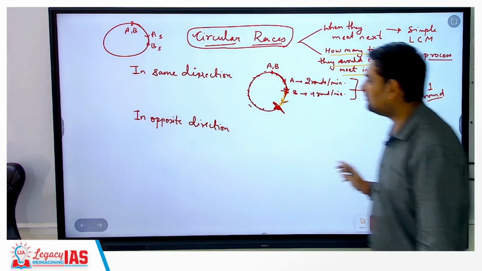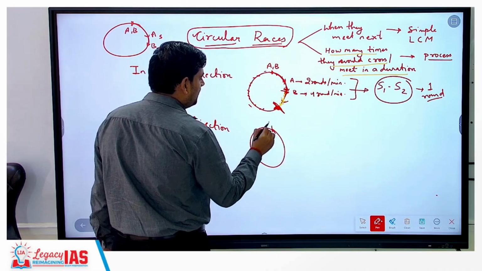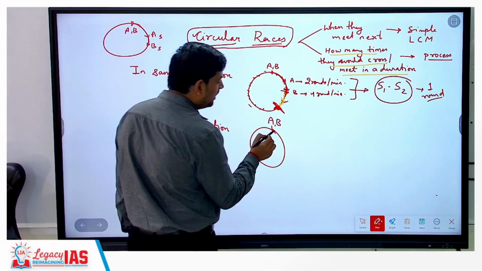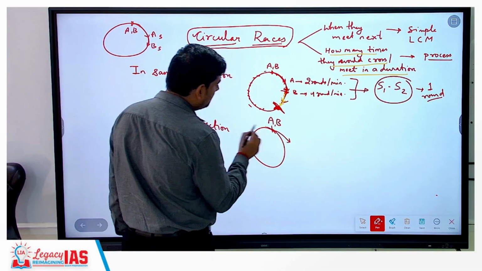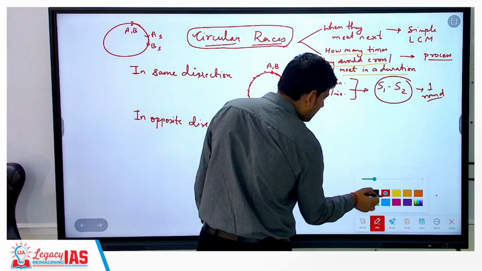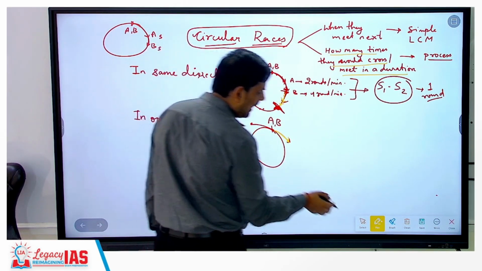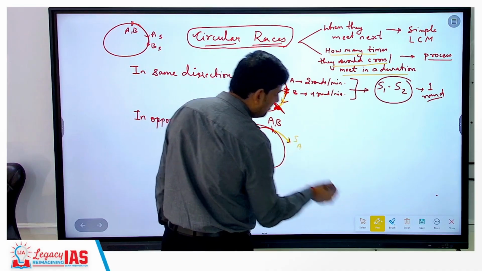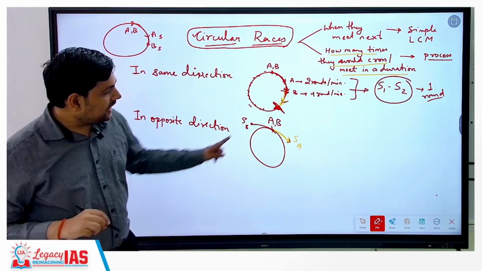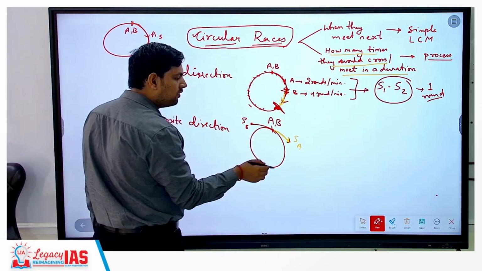Now if they are moving in opposite directions, that is, A is here and B is here at the start. Now A is moving in this direction and B is moving in this direction. Now what will happen? A is moving at some speed and B is moving at some other speed. Now how can they meet? Can you see that they need not go one full round?